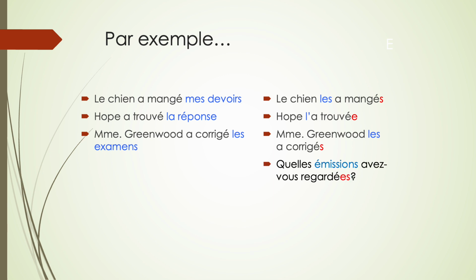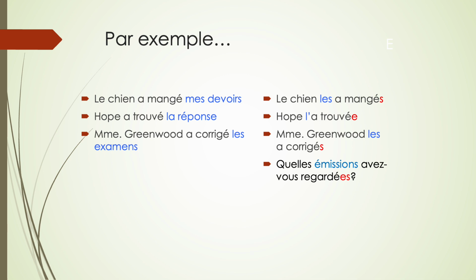And one more thing you have to worry about is when sometimes you just have a direct object before the verb, even though it's not a direct object pronoun. So, for example, quelles émissions avez-vous regardé? Which shows did you watch?